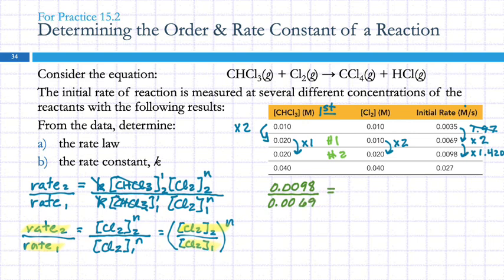And that will equal the second concentration, which is 0.020, divided by the first concentration, that quantity raised to the n power. You following? Questions?